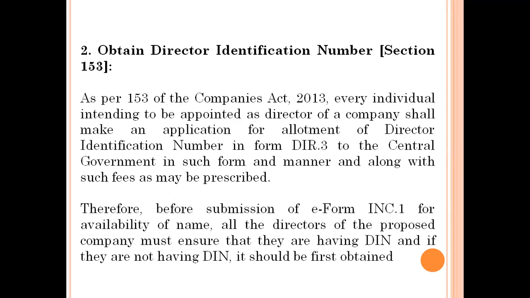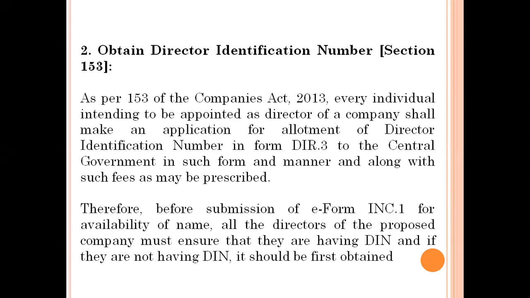So according to section 153 of the Companies Act 2013, every individual intending to be appointed as director of a company shall make an application for allotment of director identification number in the form DIR-3 to the central government in such form and manner, and along with the fees also you have to pay.